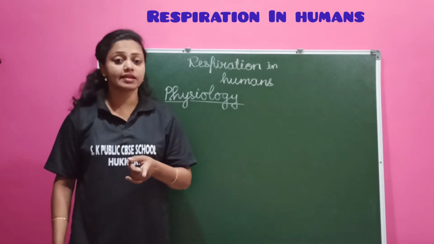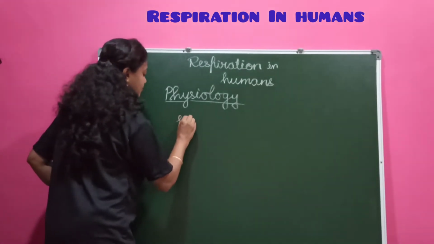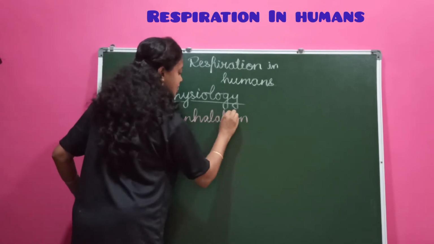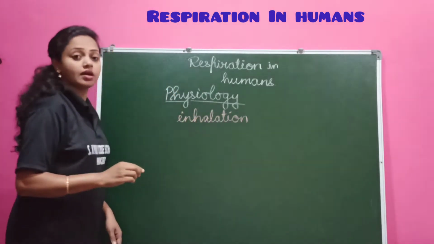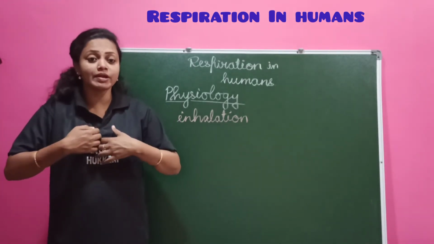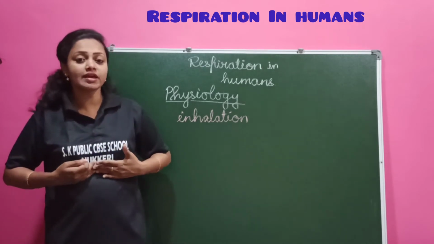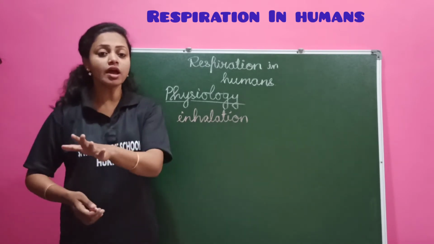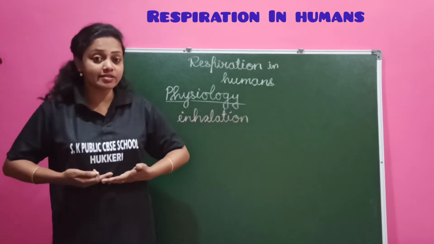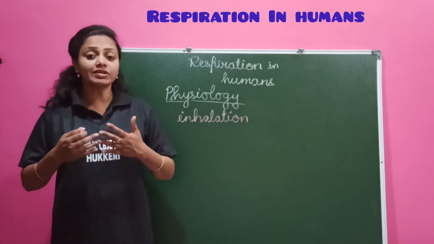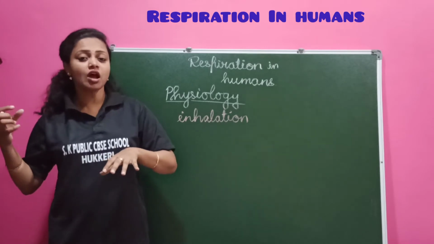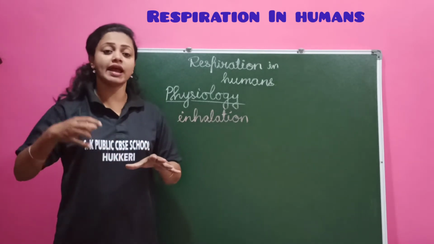Repeat once again. Inhalation. Dear students, when the dome-shaped diaphragm contracts and becomes flattened and the rib cage is expanded due to the action of intercostal muscles, the volume of the lungs in the chest cavity increases, the pressure drops, and the air from the outside gushes in.